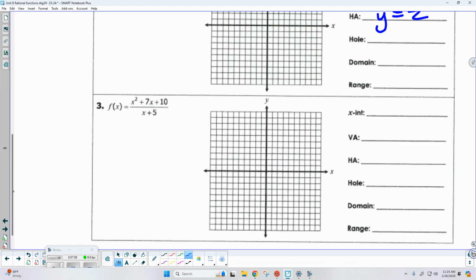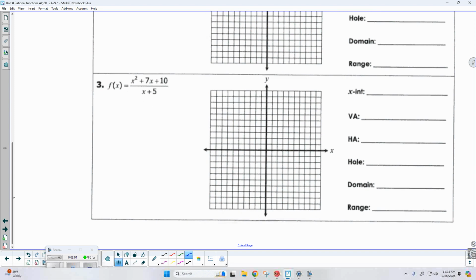Okay, how about 3? So what's the degree of the numerator? 2. What's the degree of the denominator? 1. Okay, so this happens to be where the numerator's degree is larger than the denominator. Now, actually, I don't have to factor because right now we're just talking about if it's a horizontal or slant.